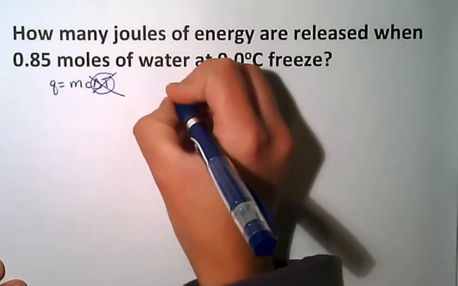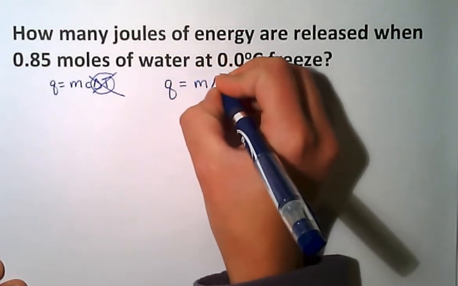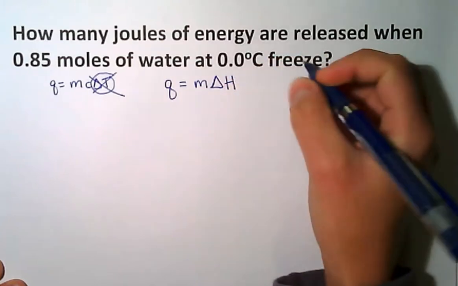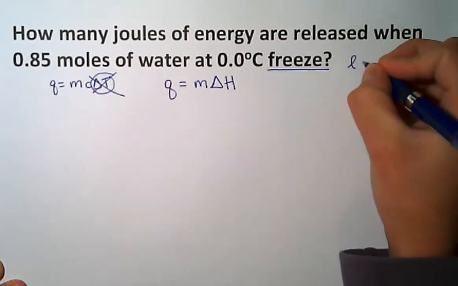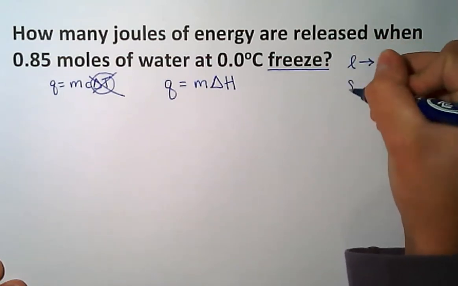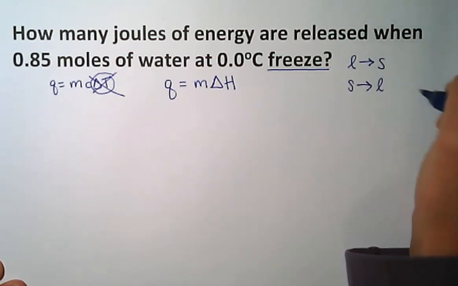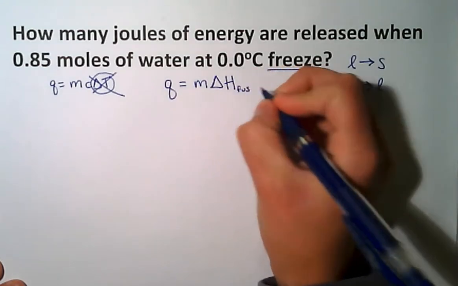So instead, we need to use Q equals M times delta H. And since freezing is when we go from a liquid to a solid, and whenever we have a solid-liquid transition, solid to liquid or liquid to solid, we use delta H of fusion.